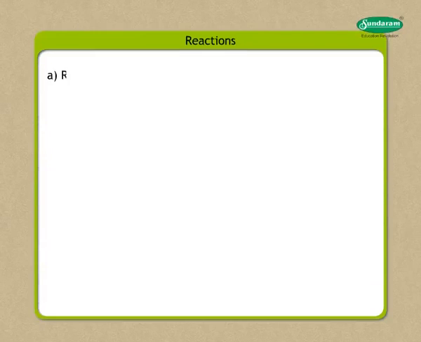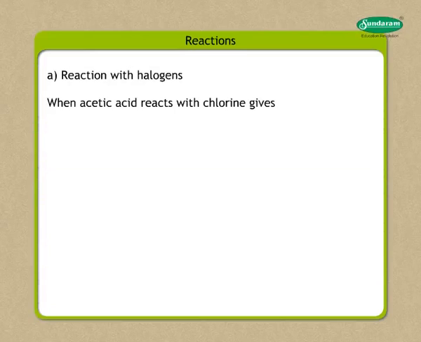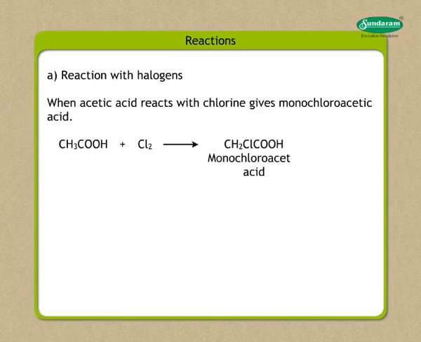A. Reaction with halogens. When acetic acid reacts with chlorine, it gives monochloroacetic acid. CH3COOH plus Cl2 gives CH2ClCOOH, monochloroacetic acid, plus HCl.